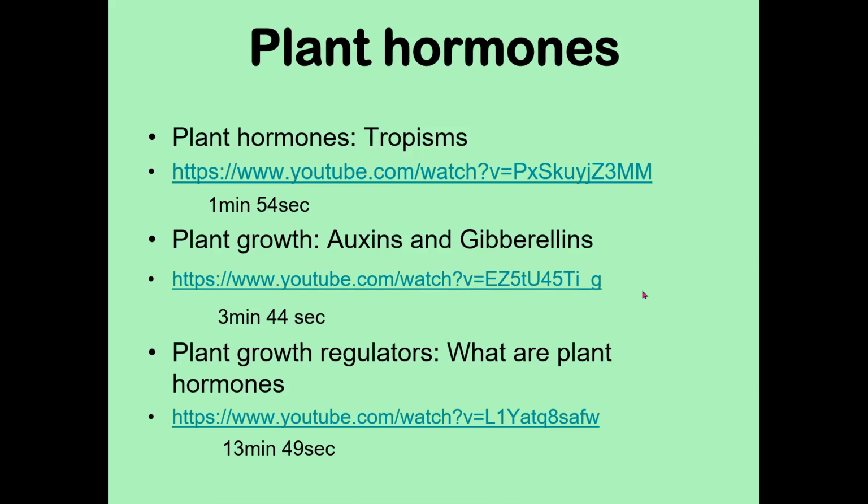Now, I want to show you these now, but go back and have a look at these. These are 3 videos, and give you the link about the hormones, about auxins and gibberellins. I haven't even mentioned gibberellins yet, and the regulators and the plant hormones.